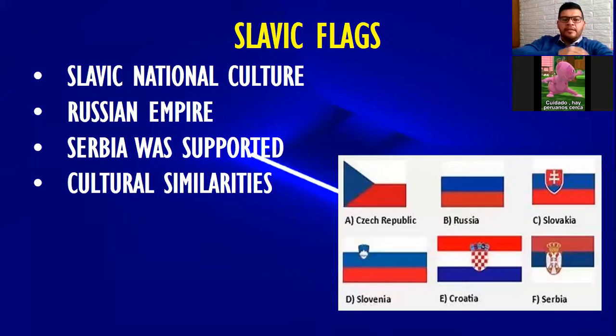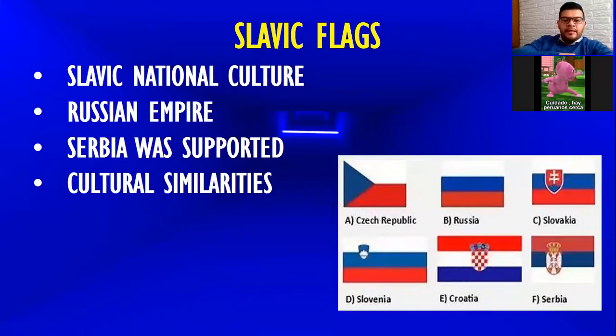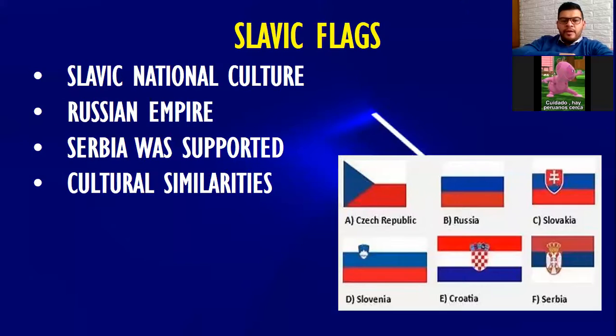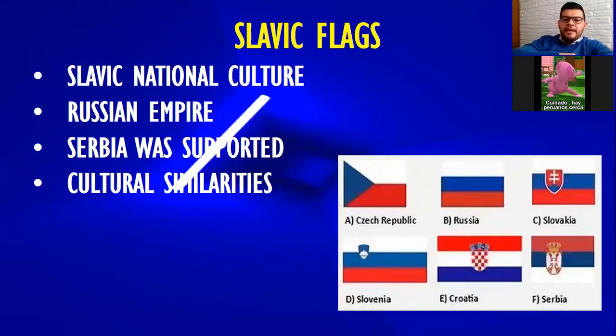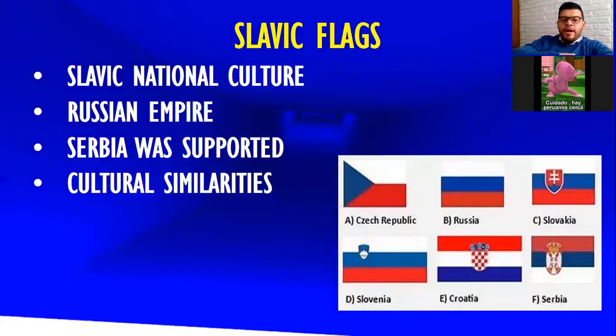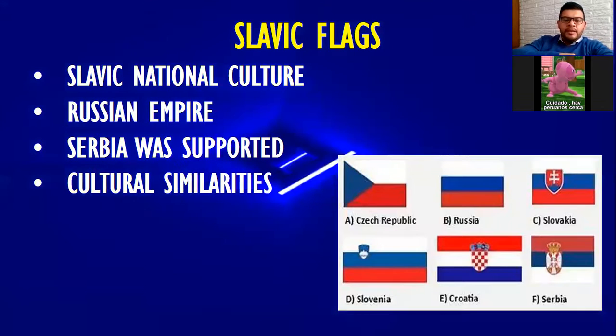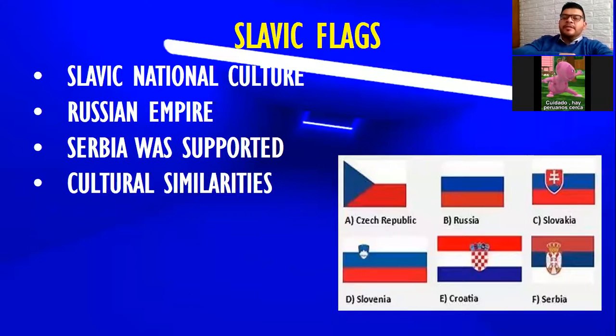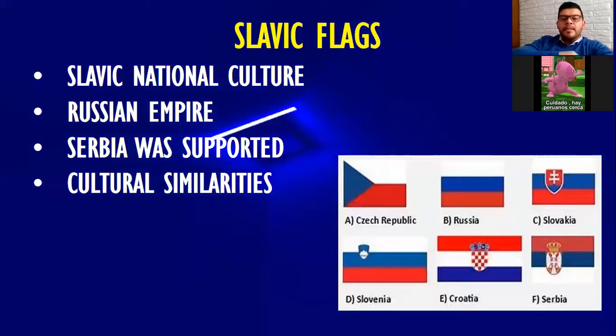That's why they call it the Slavic national culture. And these colors were used by the Russian Empire back in the 19th century, when Russia used to be a country and the USSR didn't exist.